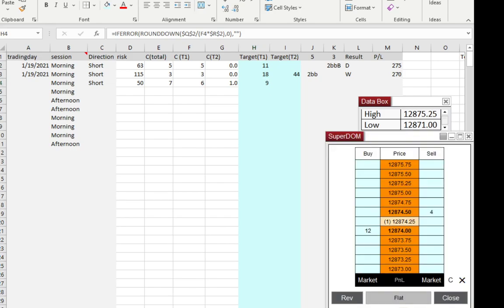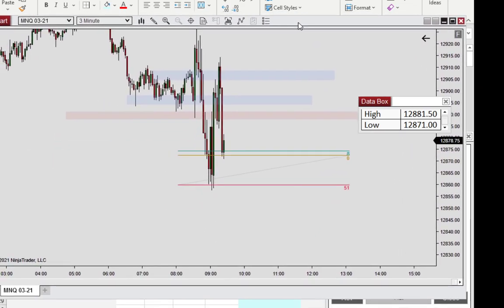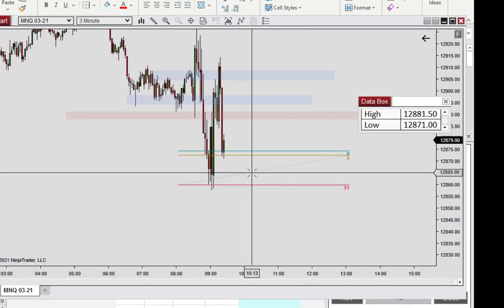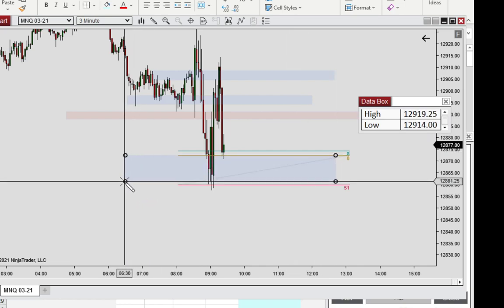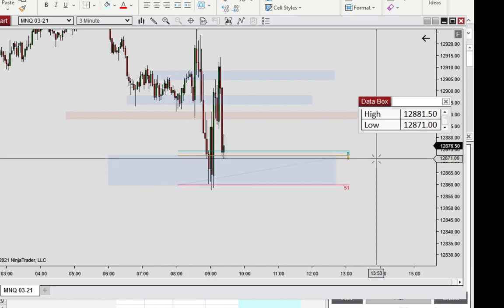So let's look at this. I'm entering in. This is my risk on the trade. I'm risking 1875, almost 2 grand.